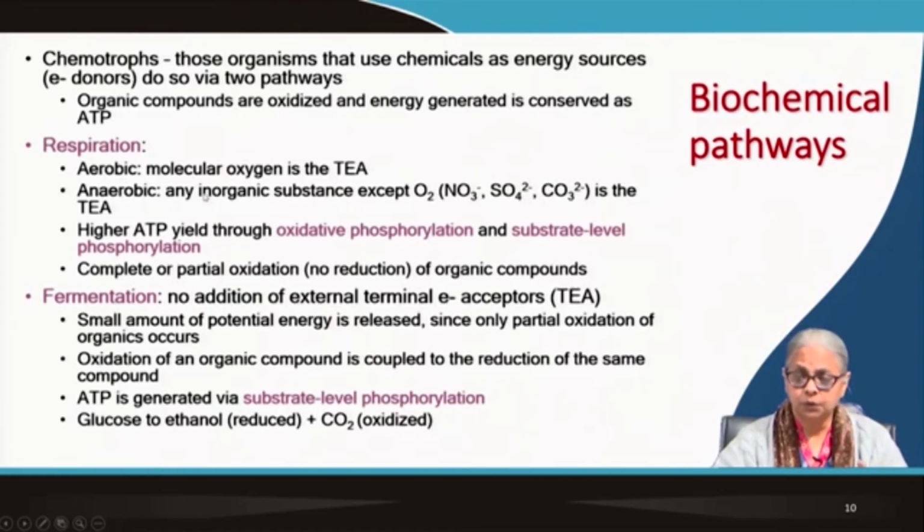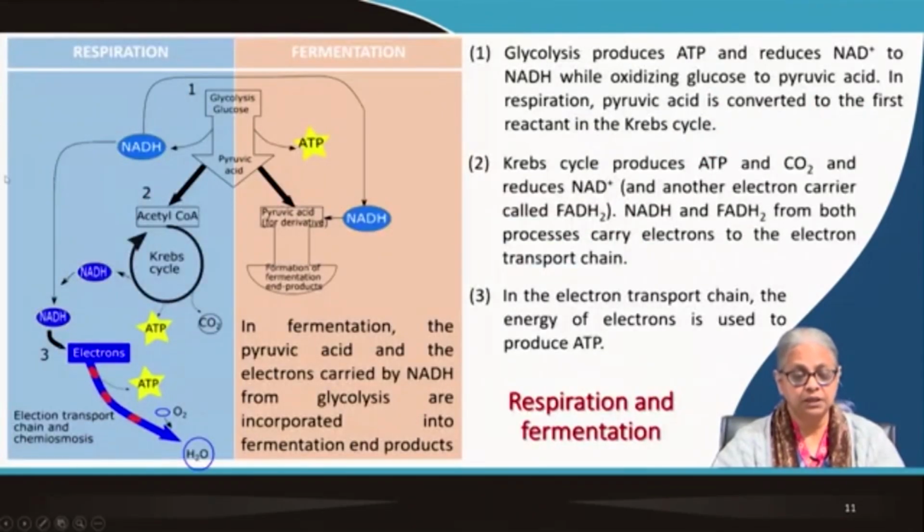If the organism uses an inorganic substance other than oxygen like nitrate, sulfate, carbonate, if these are the terminal electron acceptors, then it's called anaerobic respiration. So in the absence of oxygen, it's called anaerobic respiration. The pathways are the same. The biochemical pathways will be the same, but it is the electron acceptor at the end of the electron transport chain that is different.